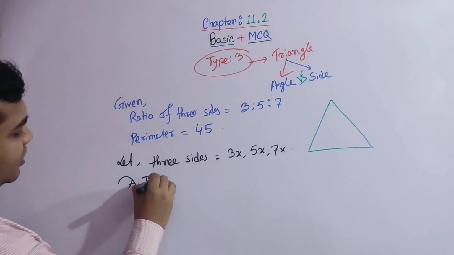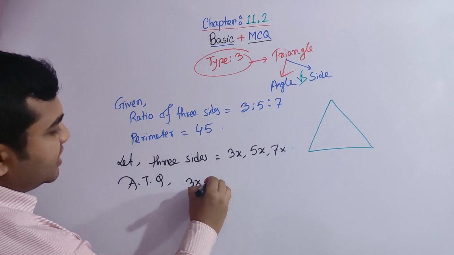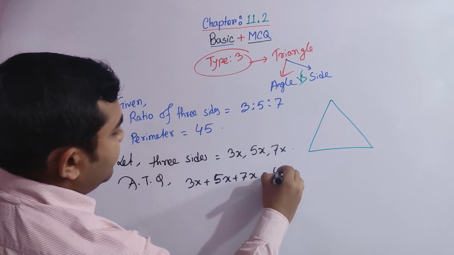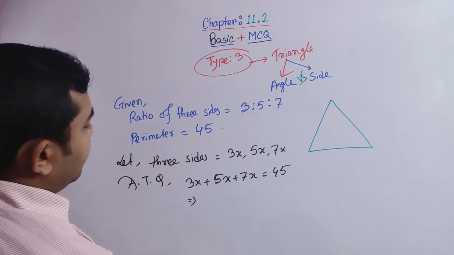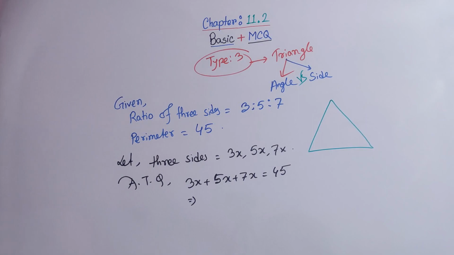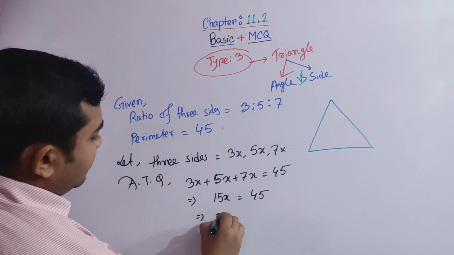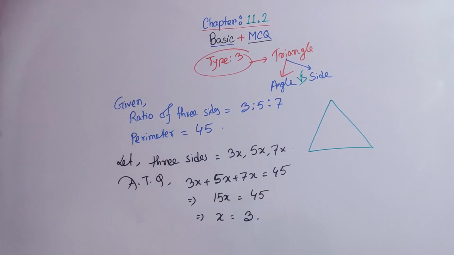According to the question, the summation of these three is equal to 45, so 3 plus 5 plus 7 is 15x equals 45, so x will be 3.